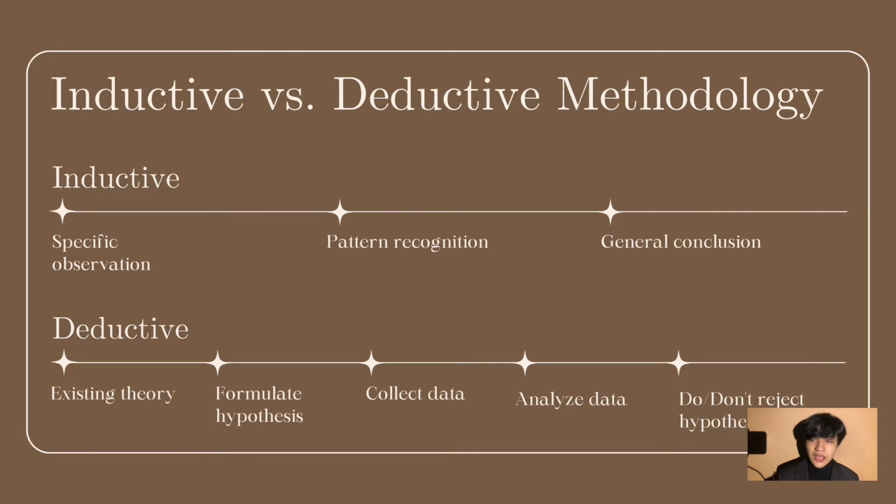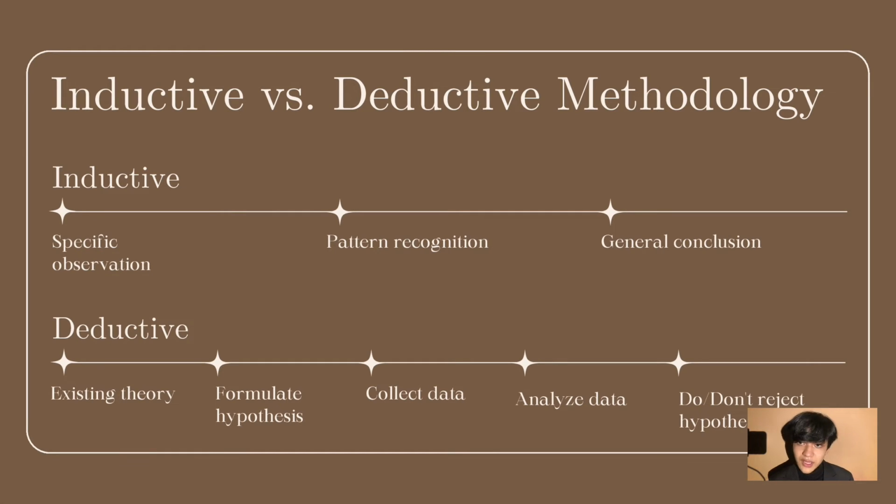Once we have that theory that has already been discovered by someone else, we have to formulate our own hypothesis, not someone else's, but our own hypothesis on the subject that we are curious about. To prove our hypothesis, we have to collect data and analyze the data. Once we have analyzed the data, we either have to support or reject our hypothesis.